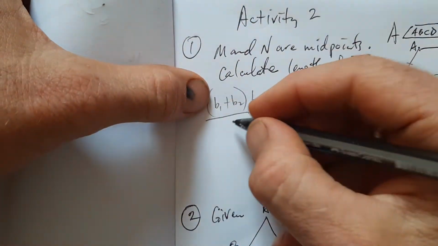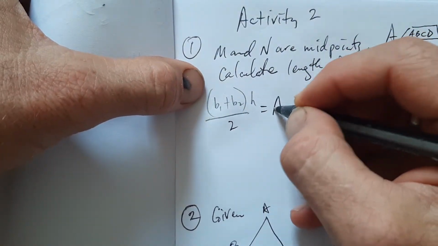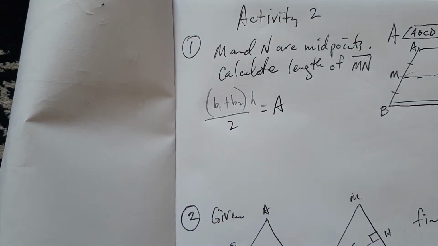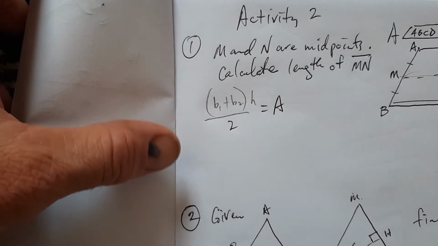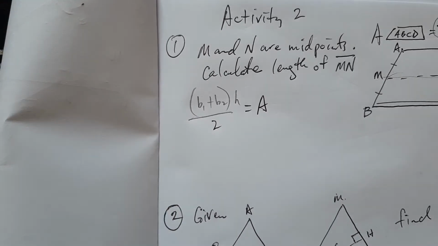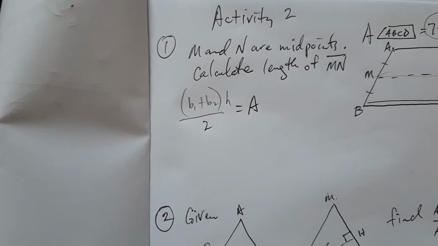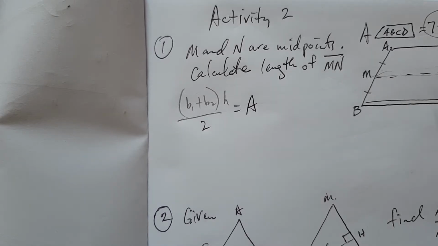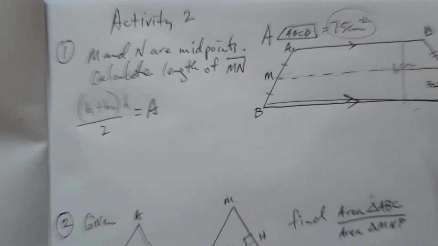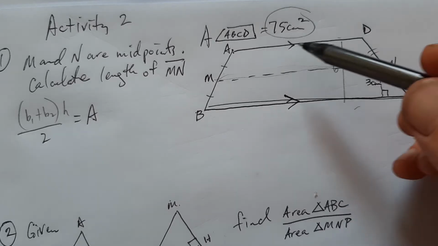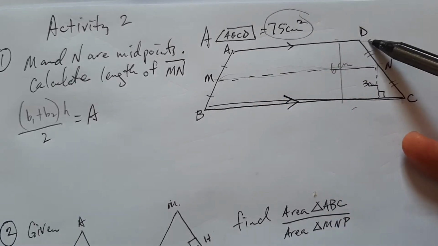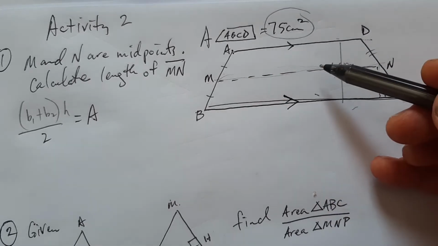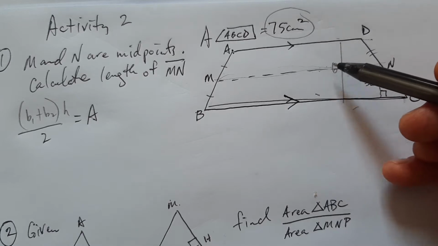We'll use a pen. So that's the area. It's wanting to find the length of MN. So, like I said, the length of MN is AD plus BC divided by 2, that middle part.